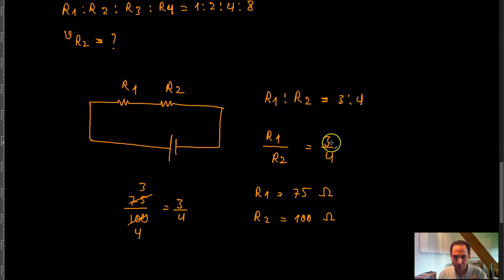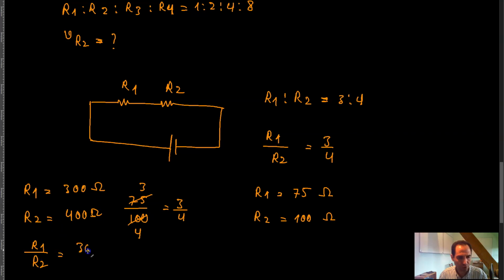In the same way, you can say that I take R1 as 300 ohms, and then R2 has to be 400 ohms. That would also be correct, meaning that R1 to R2 is 300 ohm divided by 400 ohm, which is equal to 3 to 4. The ratio remains the same.